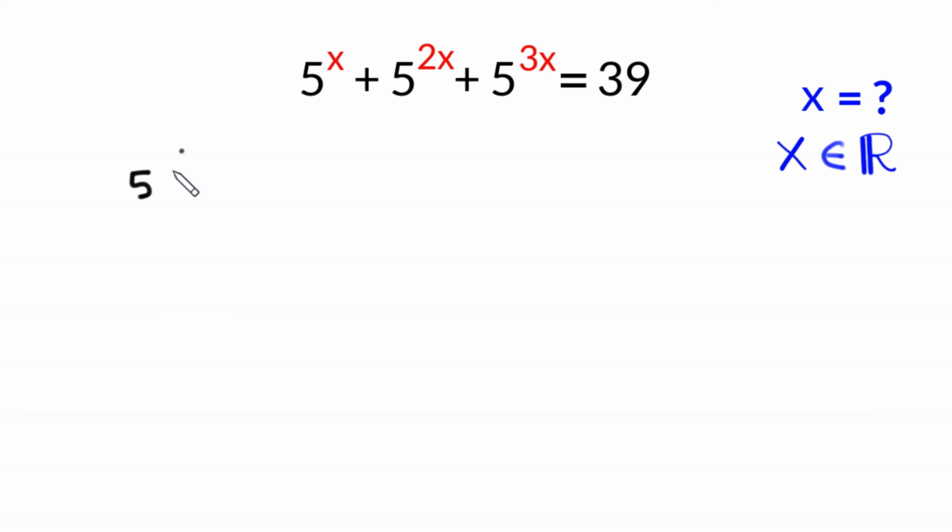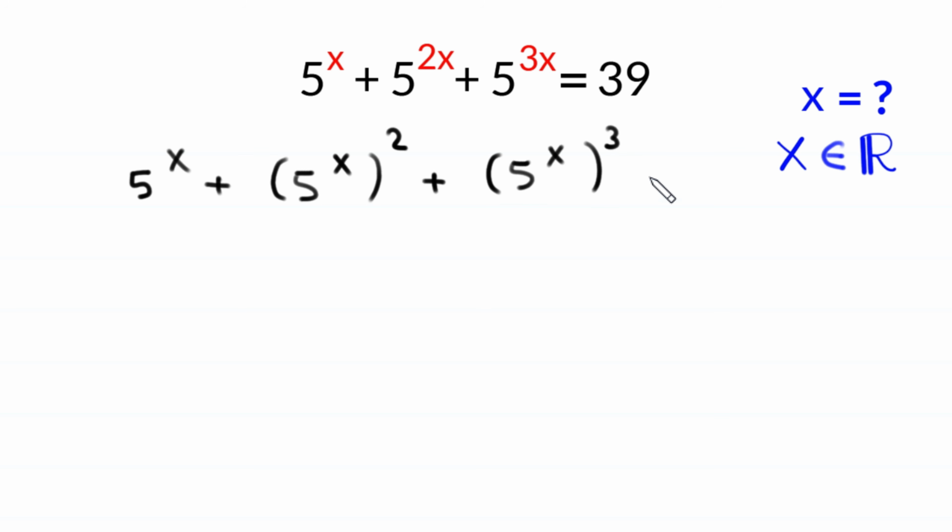5 to the power x plus, we can rewrite this 5 to the power 2x as 5 to the power x whole squared plus, we can rewrite this 5 to the power 3x as 5 to the power x whole cubed equal to 39. Now we suppose that let 5 to the power x equal to u.